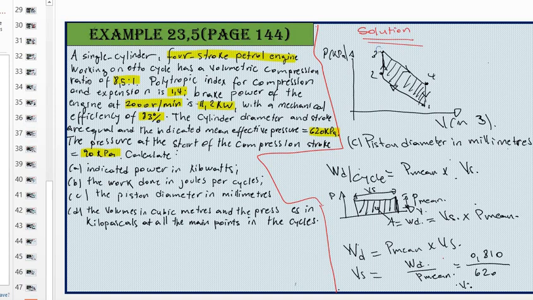So I have Vs, which is, if I compute, 0.810 divided by 620.